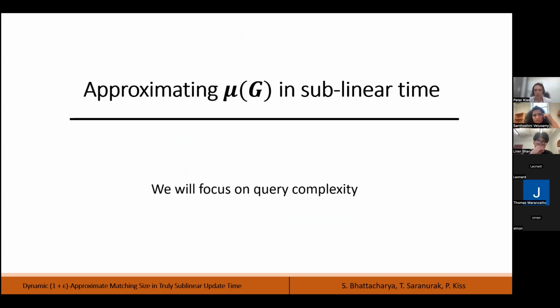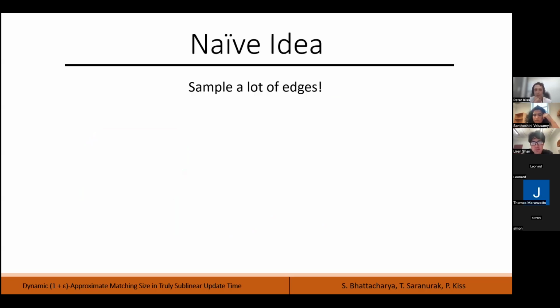So let's talk about how we approximate the maximum matching size in a sublinear model. And let's first consider a naive idea, which was considered by quite a lot of people in the literature a long time ago. It's simply sampling. That would be the first thing which comes to mind. But the issue is that dense regions will very much dominate the sample.